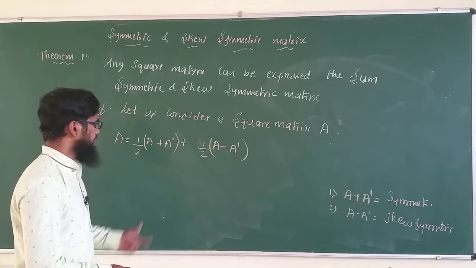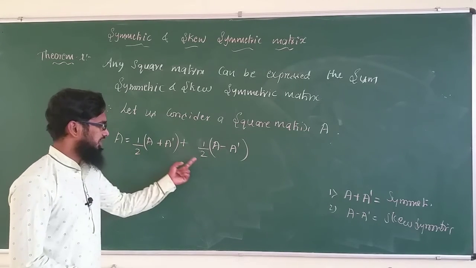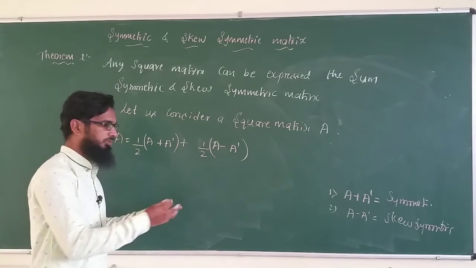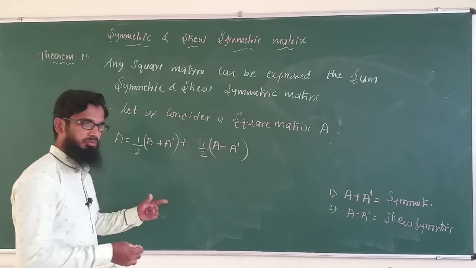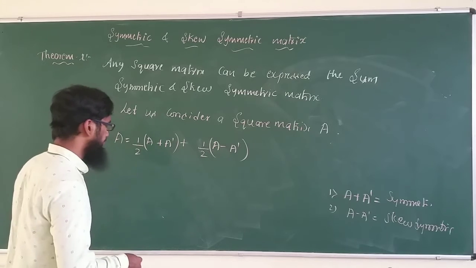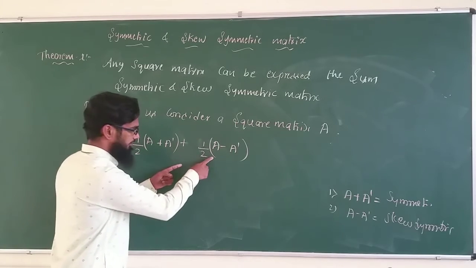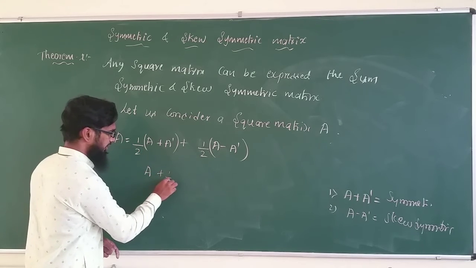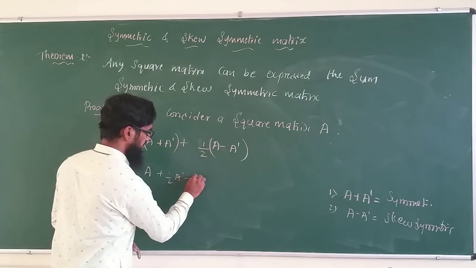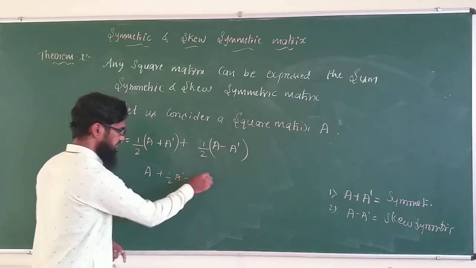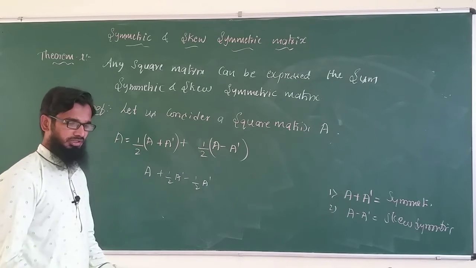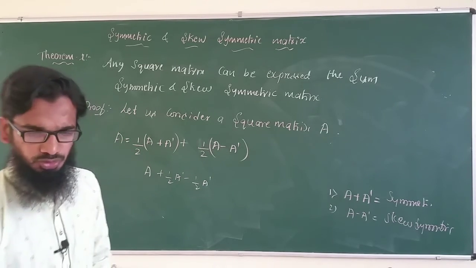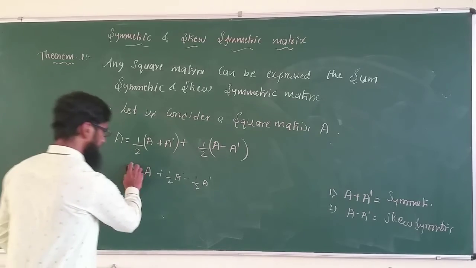Now this half A plus A dash, half A minus A dash, even if you just remove the brackets, at the end we are getting the same left hand side part, that is the A value. Because this is half A, this is half A, it becomes plus half A. So this becomes plus half A dash, and this becomes minus half A dash. So this gets cancelled. So the left hand side is equal to the right hand side, there is no change in the value.